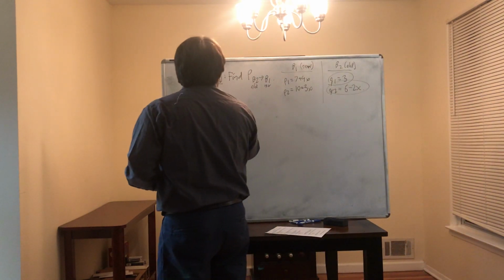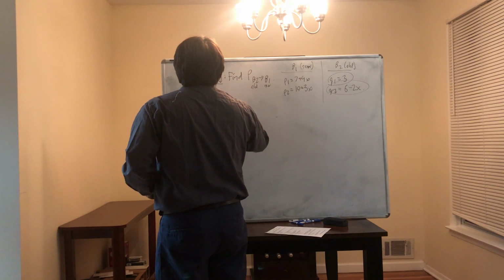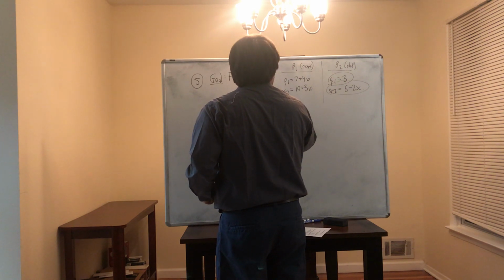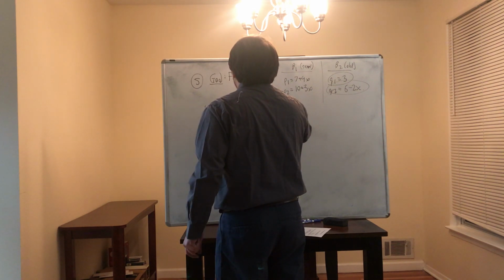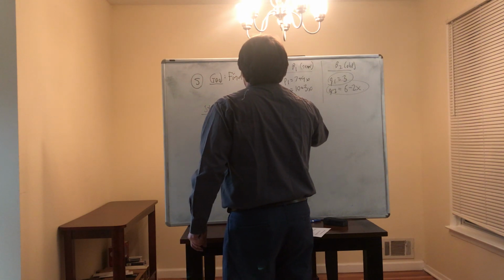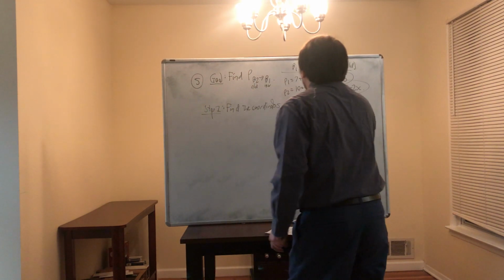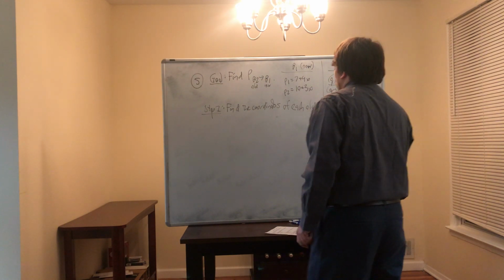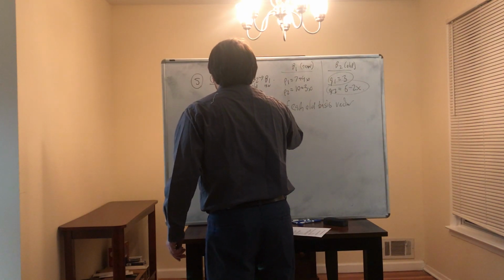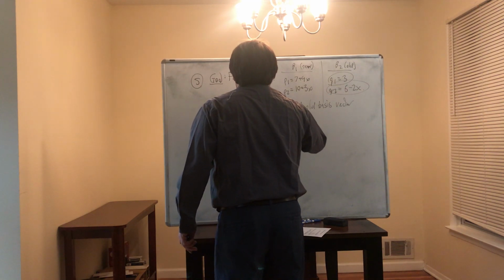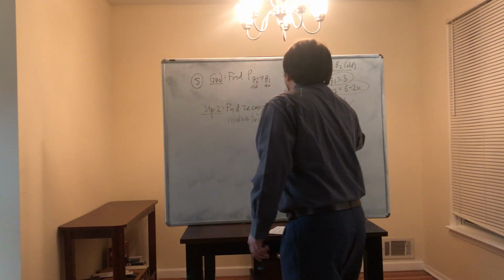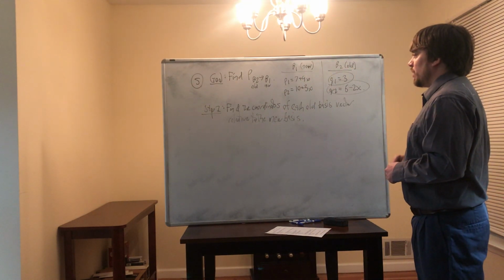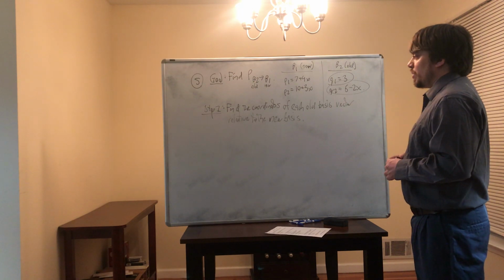So step 1 is find the coordinates of each old basis vector relative to the new basis. We want to find the coordinates of each old basis vector relative to the new basis.